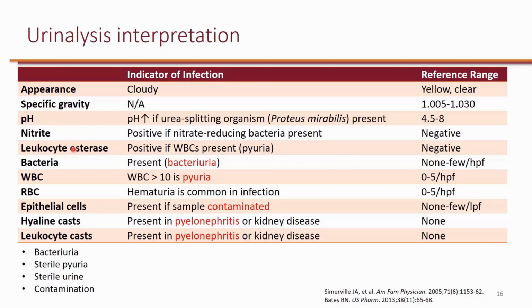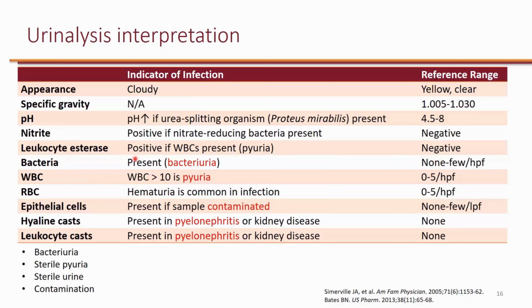We call this pyuria. Pyuria means the presence of pus in the urine, or more specifically, the presence of white blood cells or leukocytes in the urine. And you can actually measure how many white blood cells are in the urine. The exact definition of pyuria would be white blood cells of more than 10.